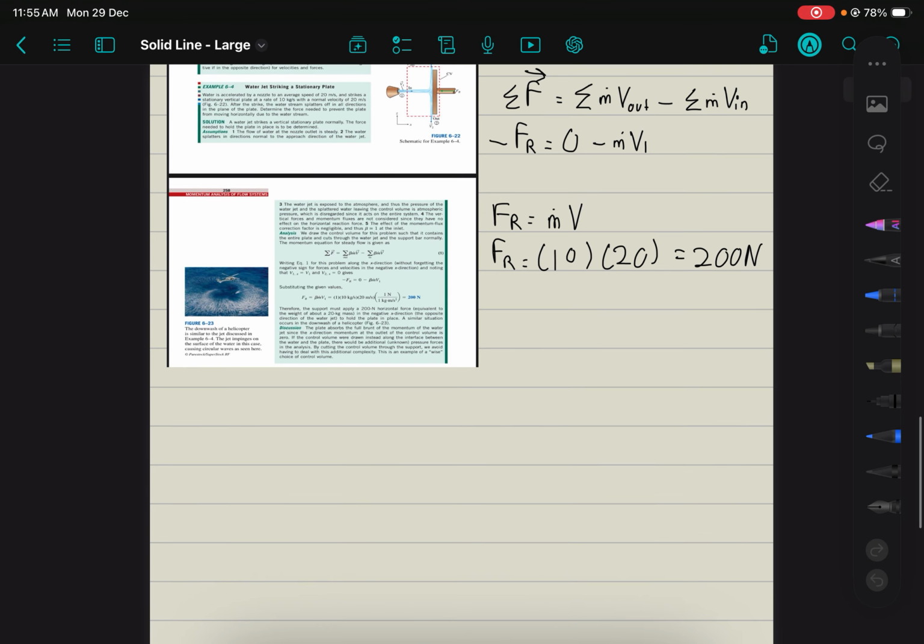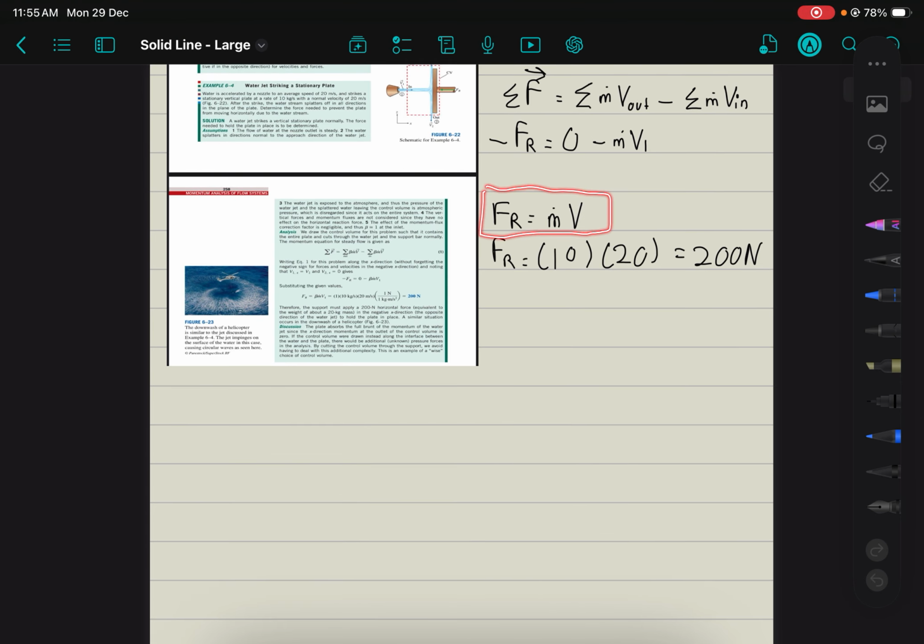Then we assume that the reaction force equals mass dot velocity, and we do the calculation. The mass is 10 and the velocity is 20. So 10 times 20, we get 200 Newton.